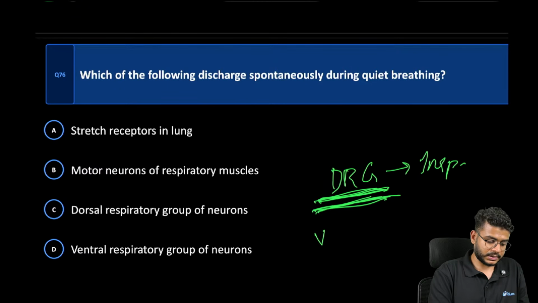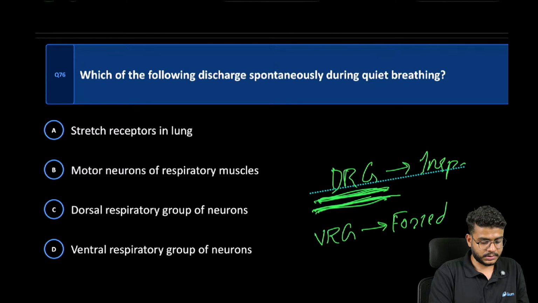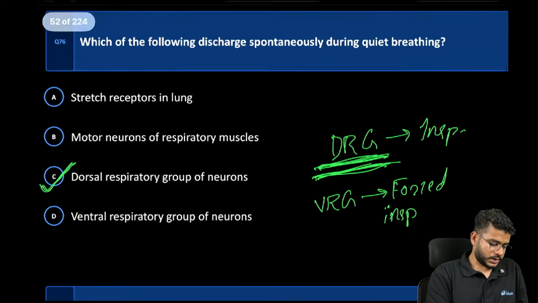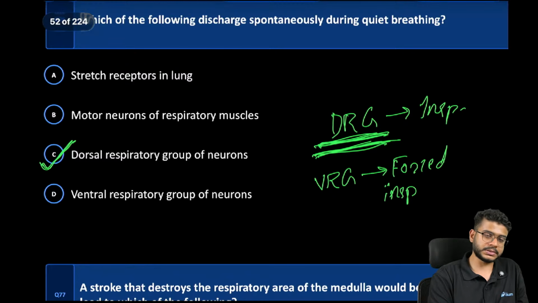There is the other group, the VRG, active only during forced inspiration. So DRG is the correct option. Stretch receptors discharge impulses when the lung is stretched, after the inhalation or inspiration.